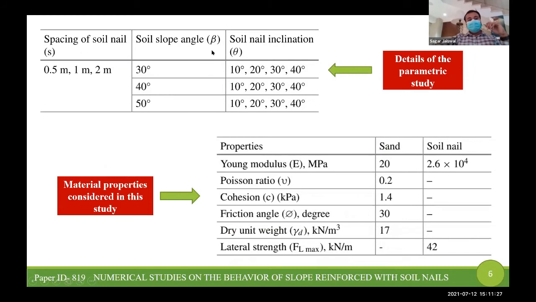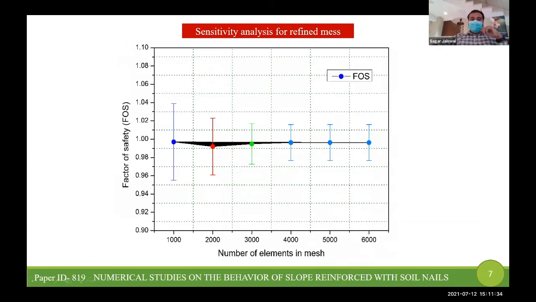Here are a few details of the parametric study, and these are the properties that have been used in the study. I would like to discuss that sensitivity estimations have been performed to determine the number of elements that will be required to perform the simulations and to get the exact value of FS.